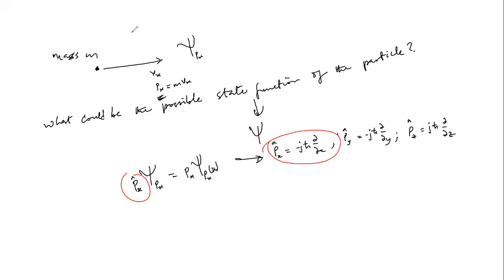So this entire expression is therefore written as minus j h cross d psi over dx equals p sub x psi.